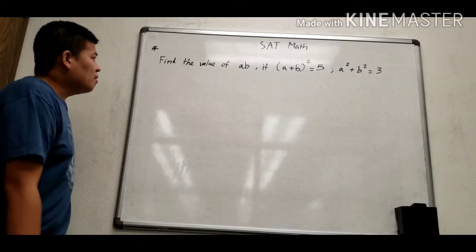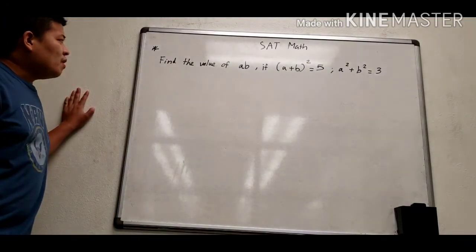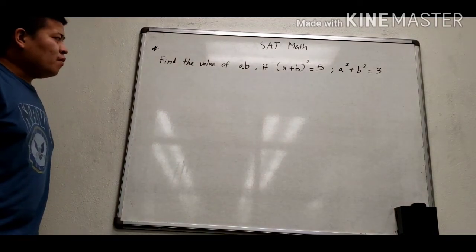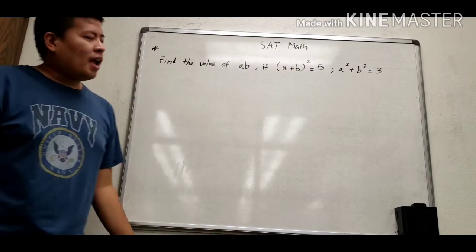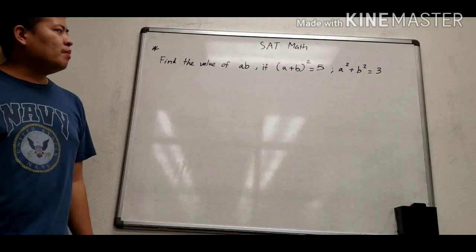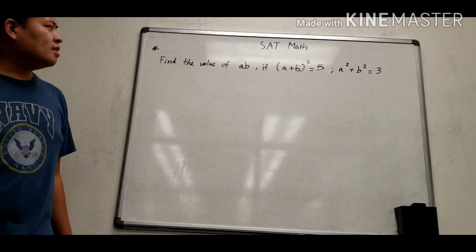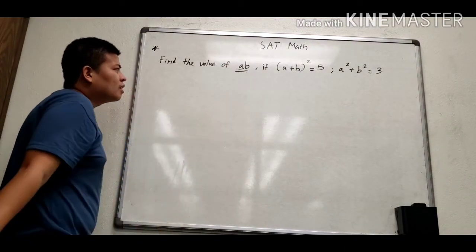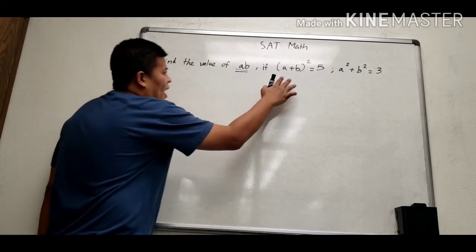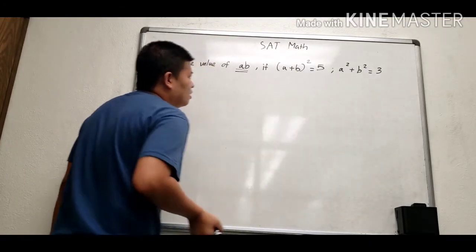So we have another. Find the value of ab if a plus b power 2 equal to 5 and a power 2 plus b power 2 equal to 3. In here they ask to find ab only, and we need to use the two results in here.